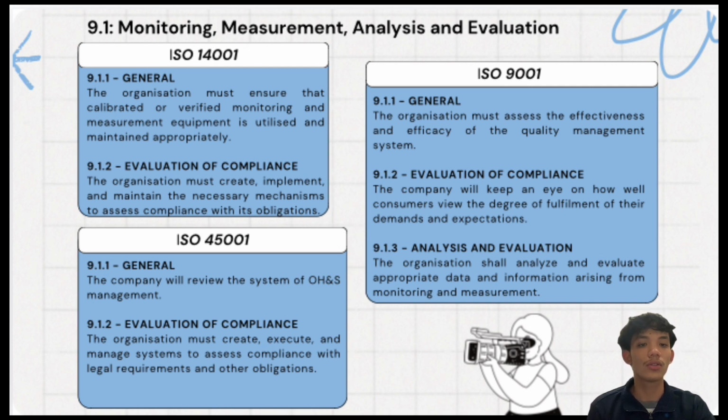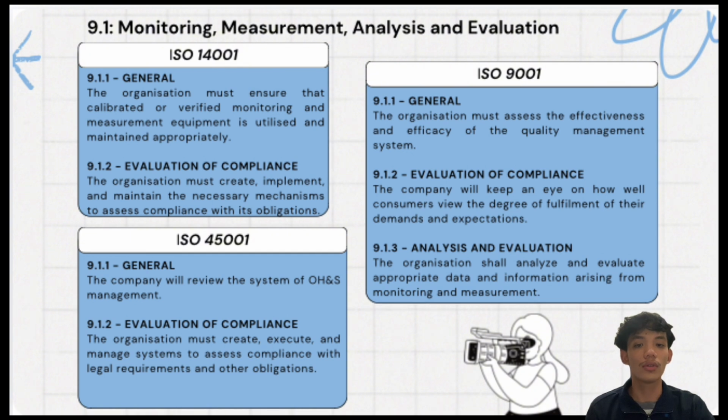Next, going through 9.1.3 Analysis and evaluation, the organization shall analyze and evaluate appropriate data and information arising from monitoring and measurement. Next, on ISO 45001, in general, the company will review the OH and safety management system.